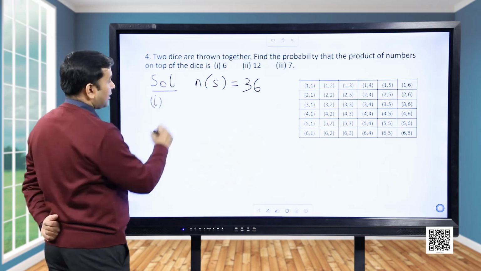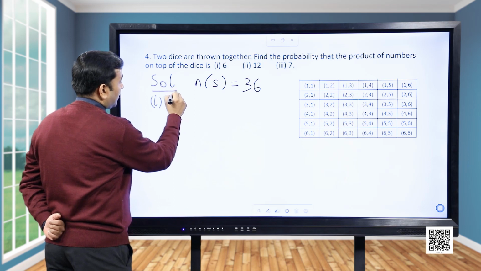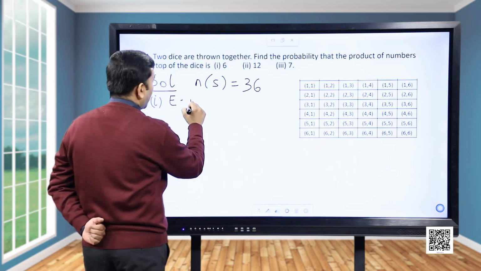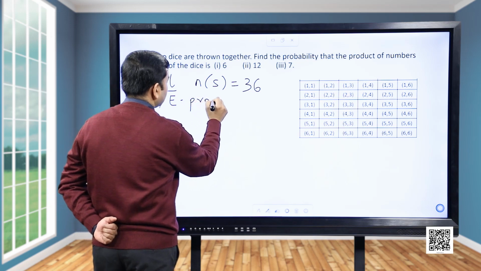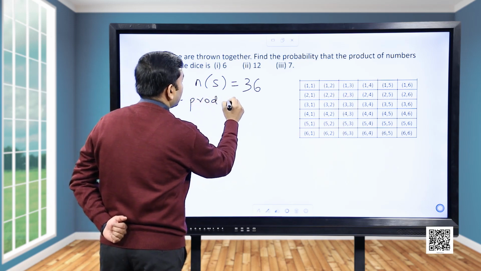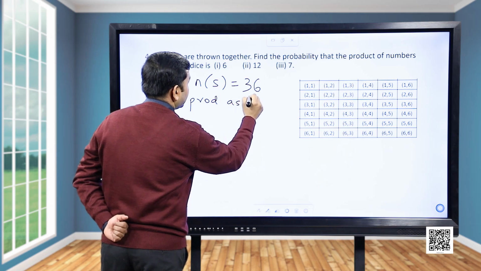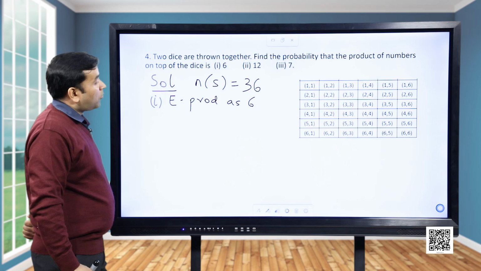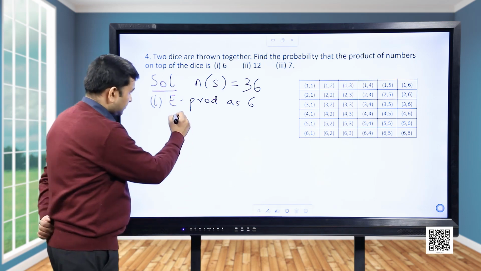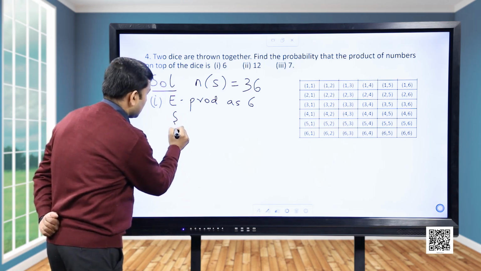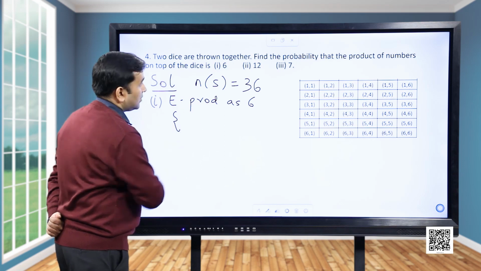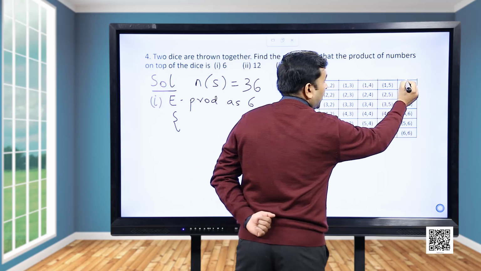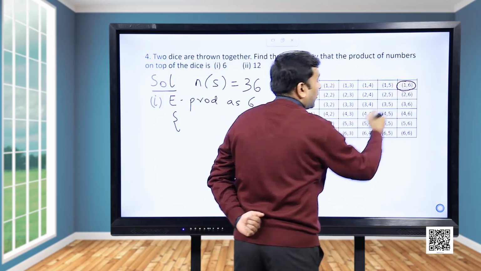So our first part, let E be the event such that we get the product of numbers, product as 6. So we need to find the favorable outcomes. What are the favorable outcomes? See, favorable outcomes, first of all it would be this one. Why?